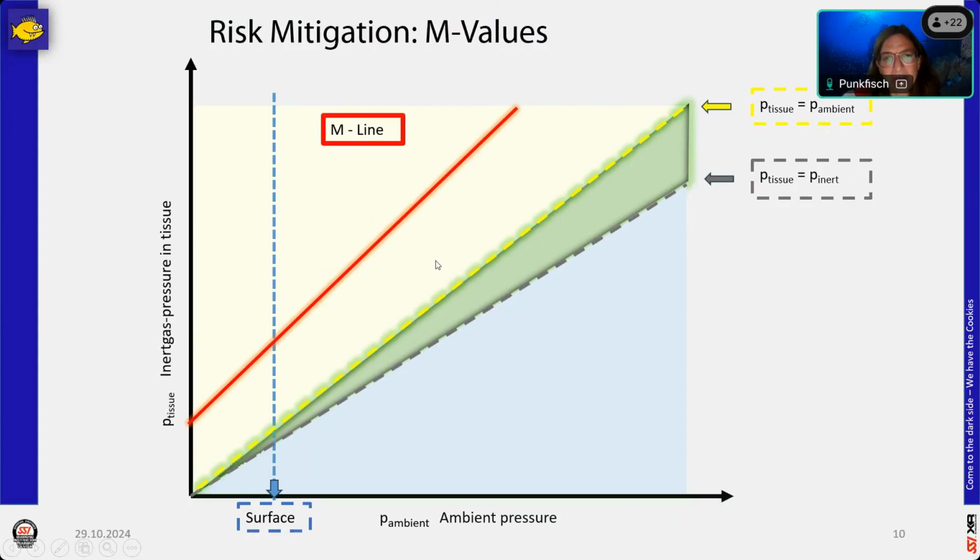The M value is the maximum tolerated supersaturation of a tissue that a model allows. It's not like a fixed line, like from here on you get bent. It is the line where this model sets the limit, and this limit is set in an area of a lot of unknown details.